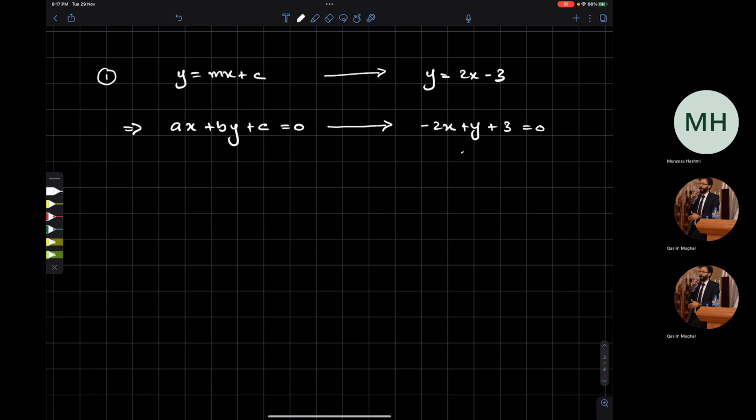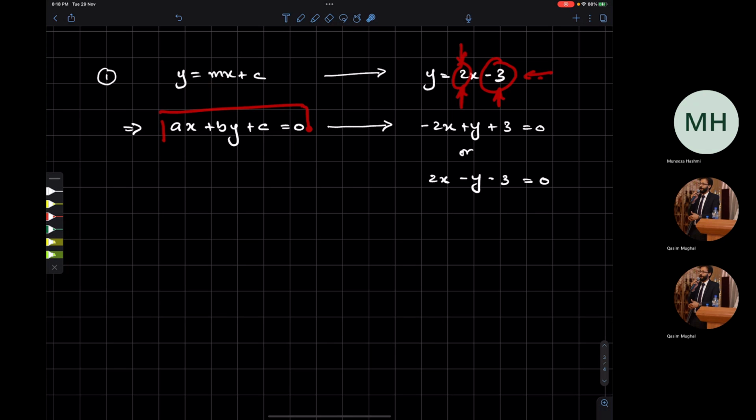Or you can just change the signs as 2x minus y minus 3 equals 0. Now you must be thinking that the earlier format is very helpful because you can easily get the gradient and the y-intercept from the equation itself. You can see here 2 is the gradient and negative 3 is the y-intercept.